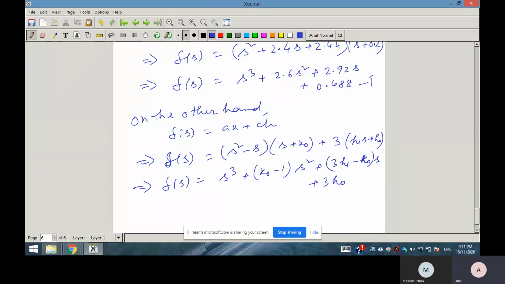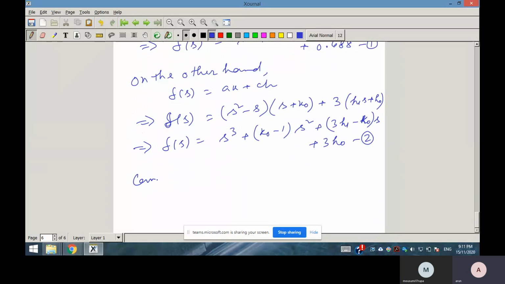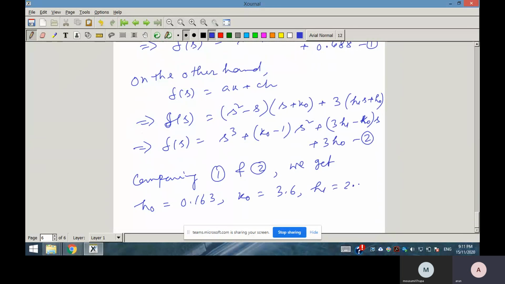So comparing 1 and 2, if you compare the coefficients of S cubed, S squared, S and S to the power 0, we get, you can easily see, H naught will be equal to, please check, 1.163, then K naught will be equal to 3.6 and H1 equal to 2.17.